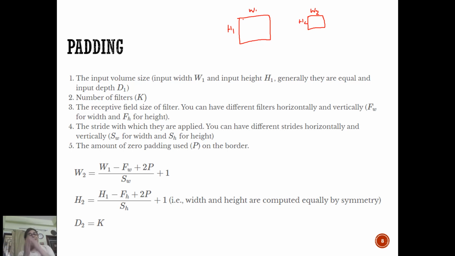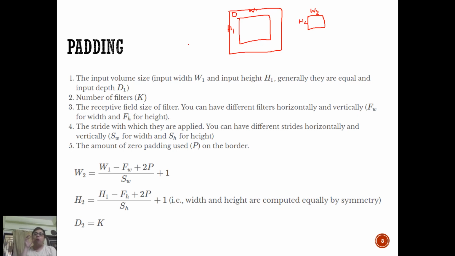To handle that, what you often do is increase the size of this image and put zero values over here. Increasing the size of the image is called padding, and when you put zero across all the increased pixels, that is called zero padding.